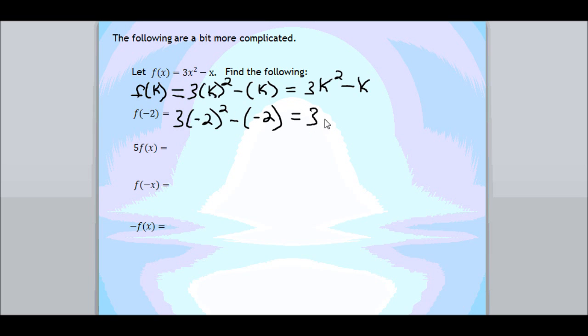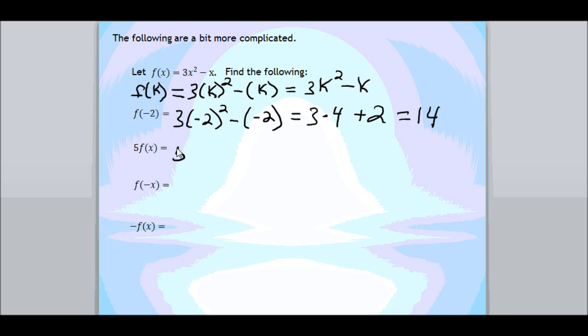So what we have is 3 times (-2) squared, which is 4. Now that's a minus -2, which is a plus 2. So we got 12 plus 2, 14. And so f of -2 is 14. Now here, all this is saying is, whatever f of x is, multiply that by 5.